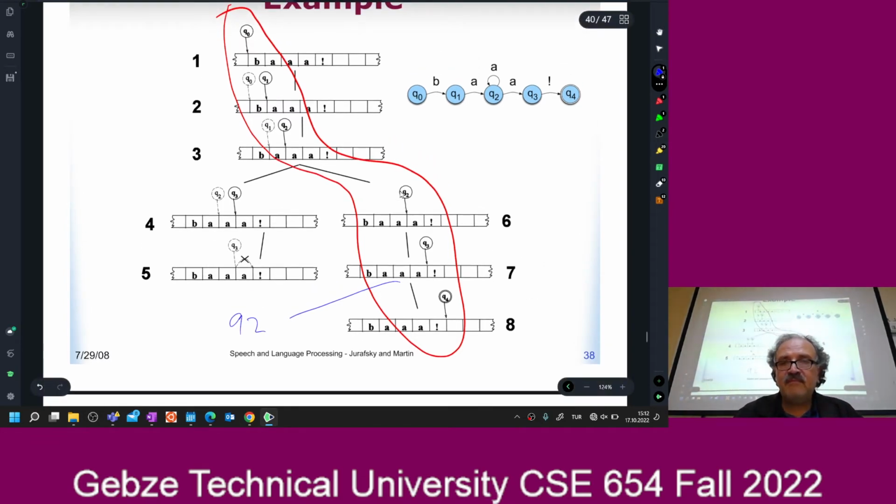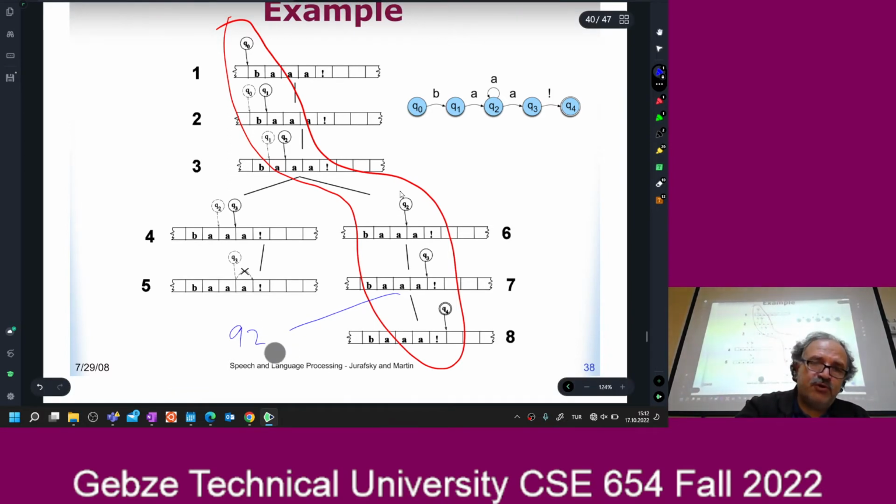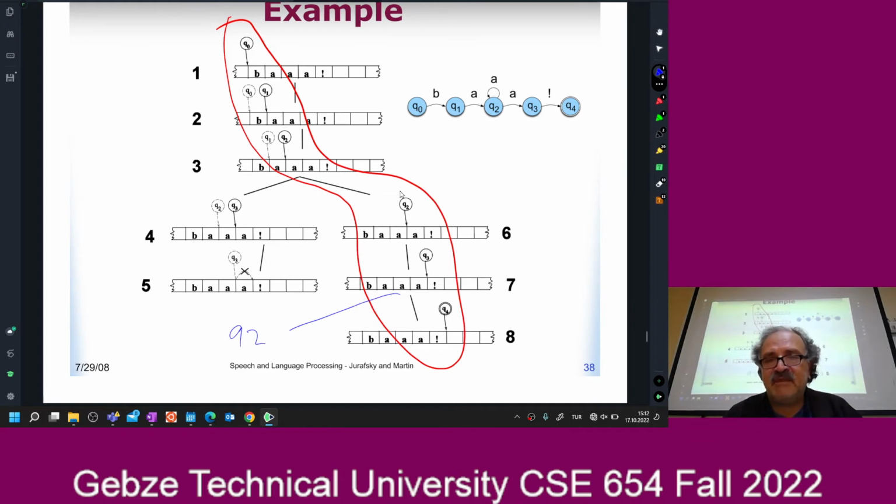But before accepting this, maybe I should go to the other path and see if I can accept it in any other way. Because with non-deterministic finite state automata, it is important to check all the paths. Maybe there is more than one way of accepting a string. That's important too.